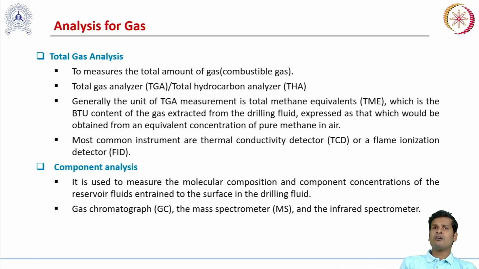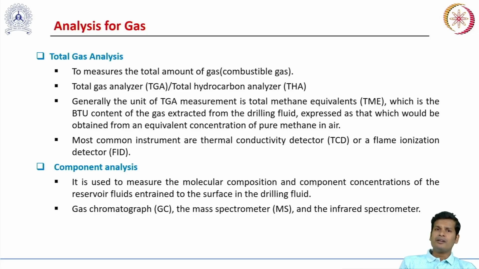The second analysis is called the component analysis, where we are not only interested in the total amount of combustible gas, but also in the individual concentration of different types of gas in the returning gas. We know that hydrocarbon gas could be a number of components.